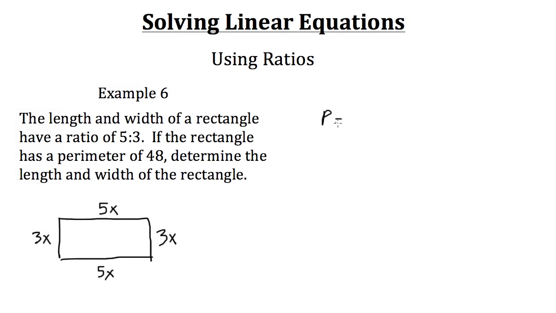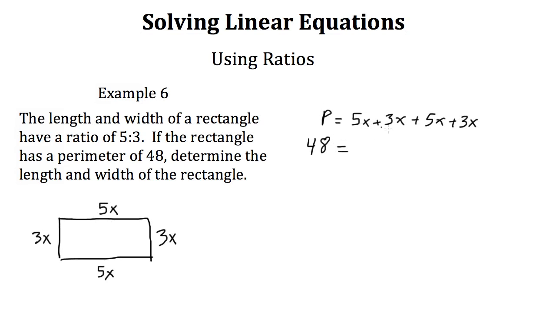So perimeter would equal 5x plus 3x plus 5x plus 3x. Now we know what the perimeter is. It's 48. So we could plug that in for our perimeter, or P.